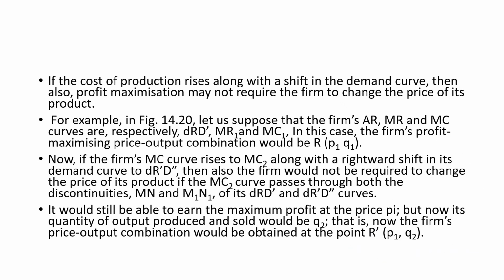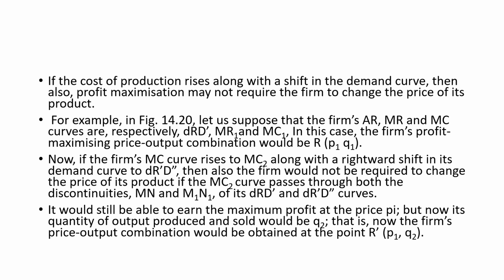Now, if the cost of production rises along with a shift in the demand curve, then also profit maximization may not require the firm to change the price of its product. For example, let's suppose that the firm's AR, MR and MC curves respectively are DR-D dash, MR and MC1. In this case, the firm's profit maximization price-output combination would be P1 Q1.